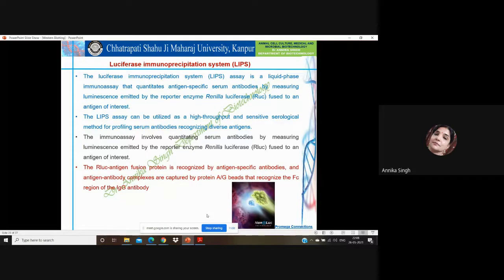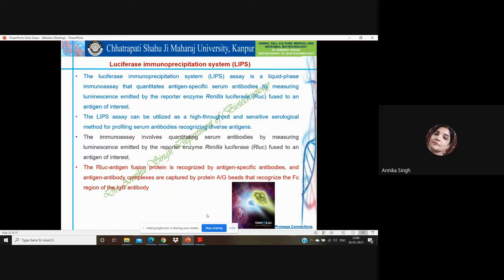So this effect of autoluminescence should be reduced, and different types of systems have already been formulated which reduce the effect of coelenterazine autoluminescence in comparison to other regions. So this LIPS assay system becomes much more sensitive than the original one.